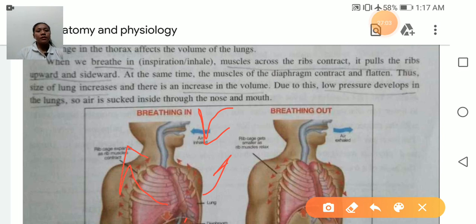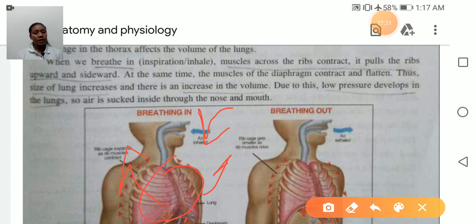Therefore the size of the lungs increases. As the size of the lungs increases, the volume of the lungs increases, and low pressure is developed in the lungs.